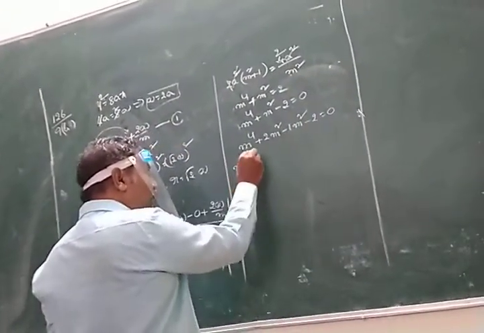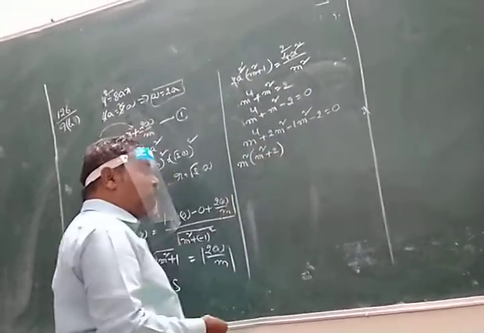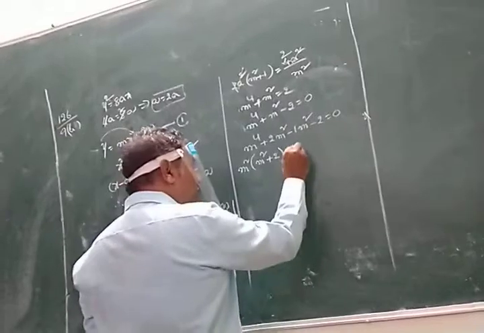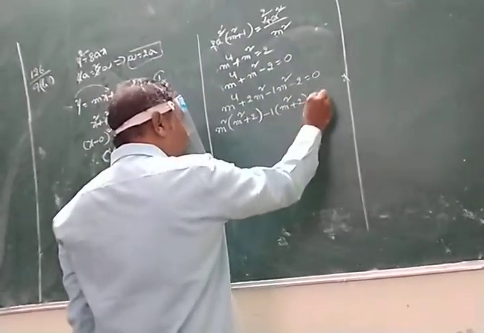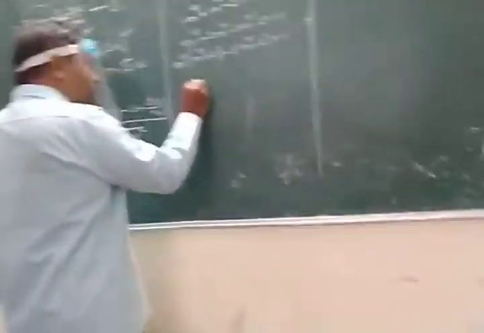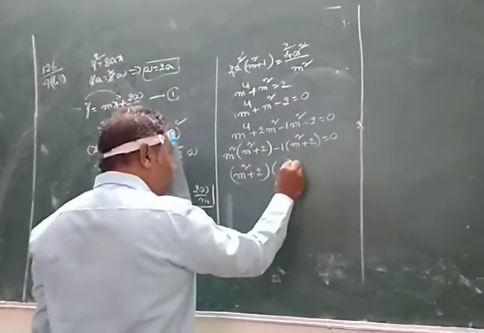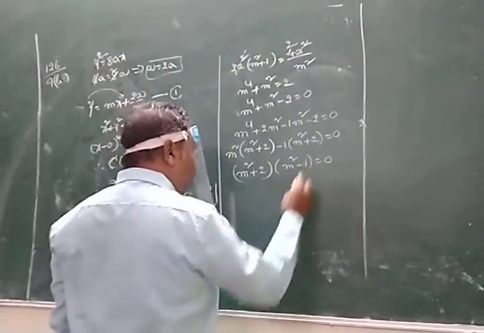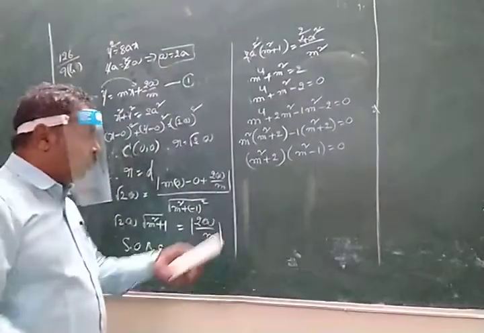Take m square common, m square plus 2. Take minus 1 common, m square plus 2. (m square plus 2) into (m square minus 1) equal to 0.